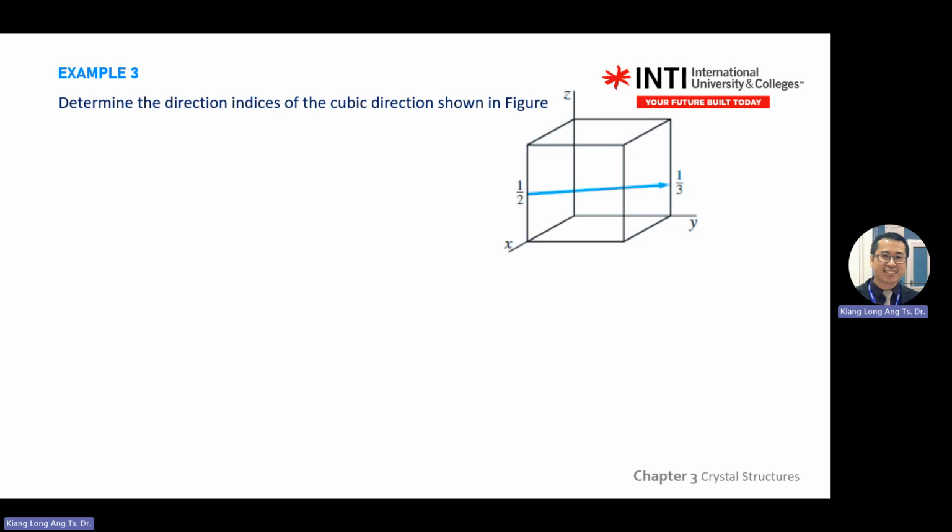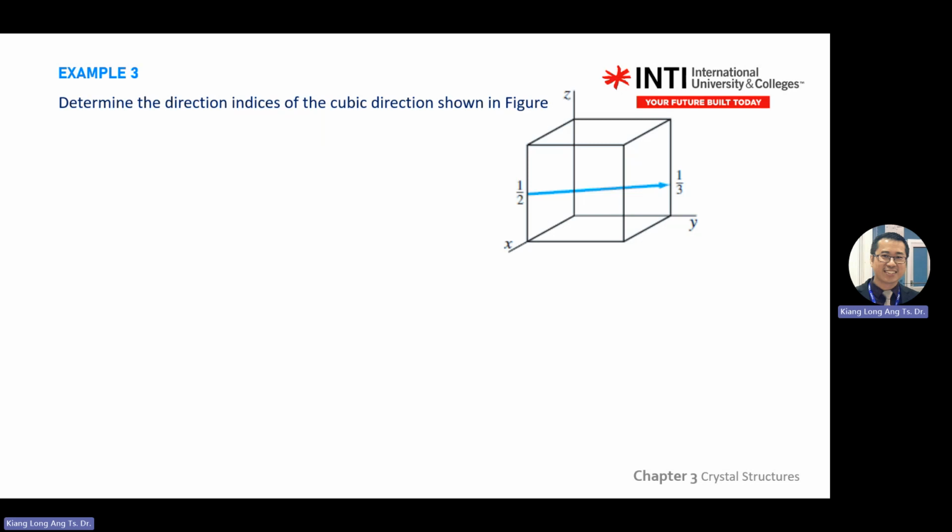Then Y. Y in this case, how many? You move from here to here. This is your Y. Y is 1. Okay, Y is 1. Z. Hey, wait.